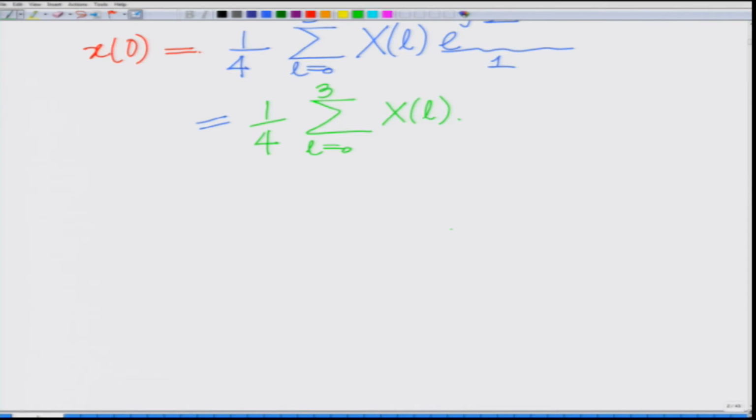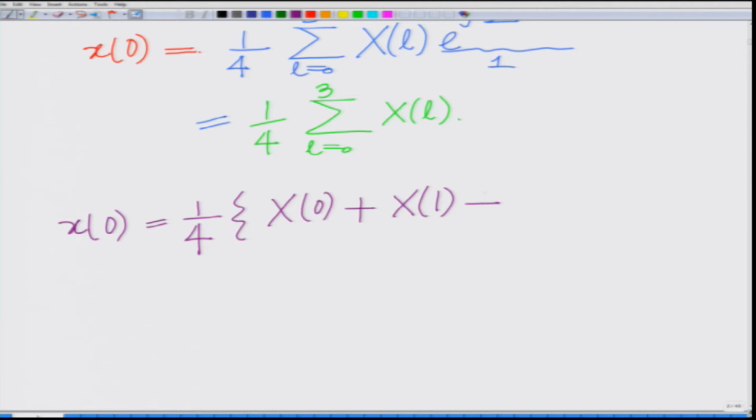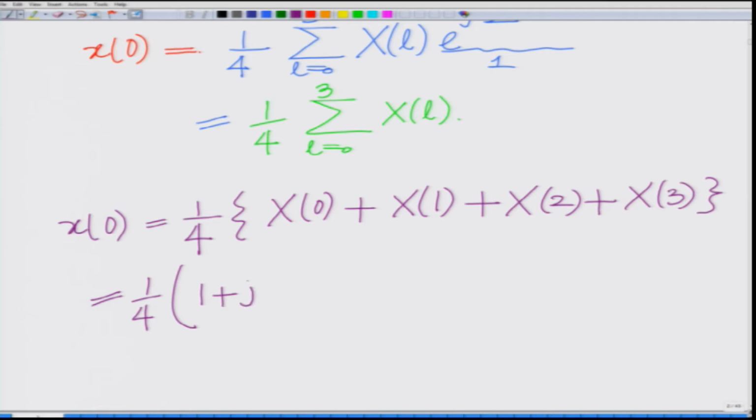Therefore x0 is 1 over 4 times X0 plus X1 plus X2 plus X3, which is equal to 1 over 4 times the sum: substituting X0, which is 1 plus j, plus X1, which is 1 minus j, plus X2, which is 1 plus 2j, plus X3, which is 2 minus j.